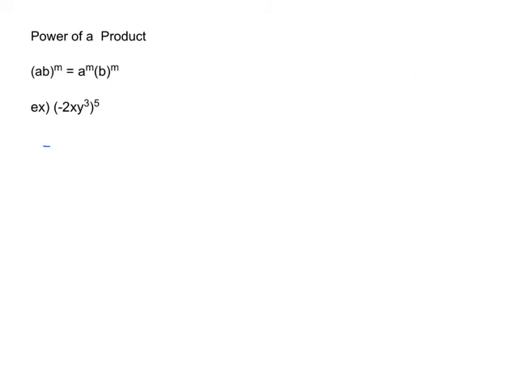So I'm going to have negative 2 to the 5th times x to the 5th, because x is x to the 1st, and then times 5, and then I get y to the 15th, because 3 times 5 is 15. And then negative 2 to the 5th power equals negative 32. So I have negative 32, x to the 5th, y to the 15th.